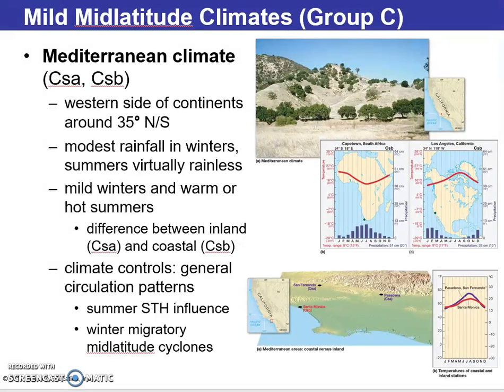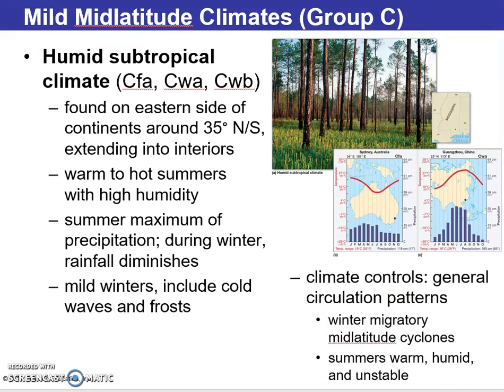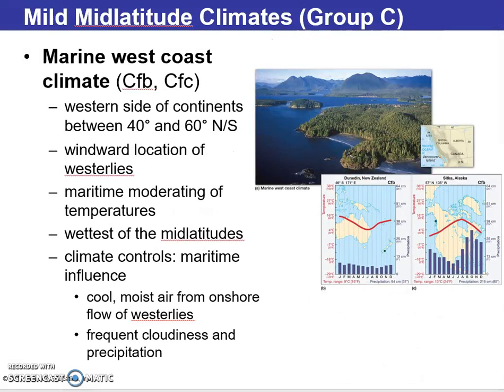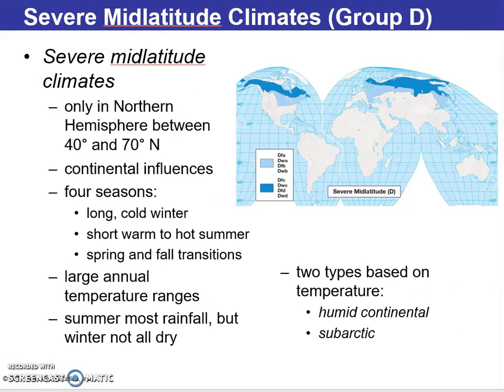We frequently refer to those regions. And humid subtropical, two more samples of that. Marine west, typically between 40 and 60 degrees north-south, so we're moving more towards the poles. Severe mid-latitude, so we're even going further than that, 40 degrees and 70 degrees north.